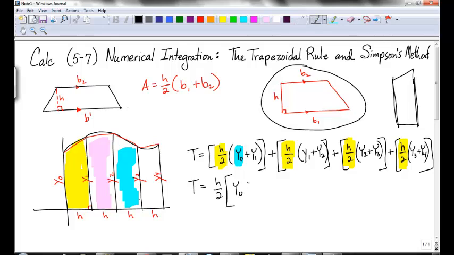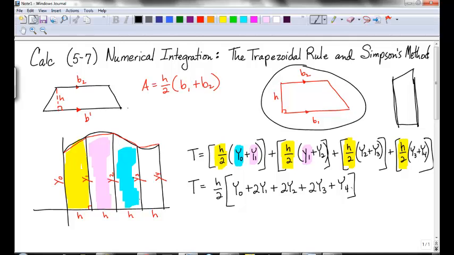If I add, here's a y sub 1 and a y sub 1, so I'm going to have 2 y sub 1s. Follow what I'm doing? Plus, how many y sub 2s? 2 y sub 2s. How many y sub 3s? 2. Now how many y sub 4s? Just 1, so I'd have y sub 4. And in this specific case, that's what it would look like.